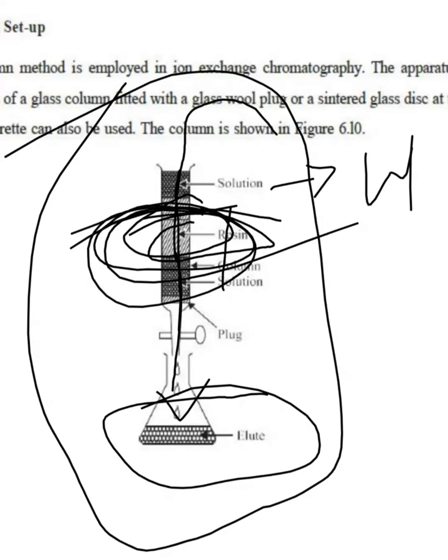The flow of solution or solvent should be continuous so that the stationary phase is kept wet. If it becomes dry, breakage will be seen in the resins, and then proper ion exchange will not take place, so some of the eluates may elute directly.